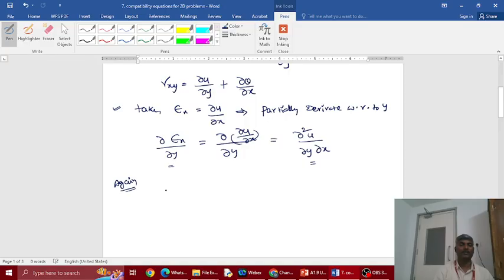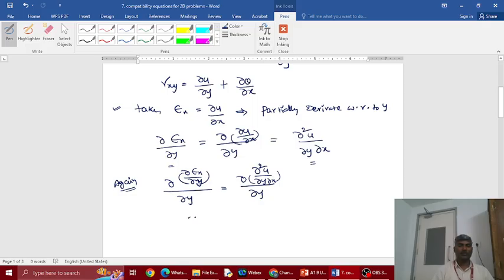Again the same: ∂/∂y of ∂epsilon x/∂y on the left-hand side, and on the right-hand side ∂/∂y of ∂²u/∂y∂x.